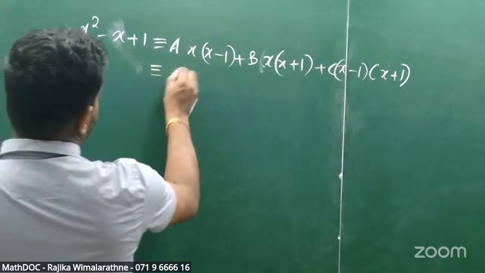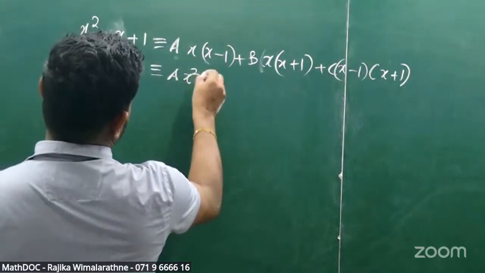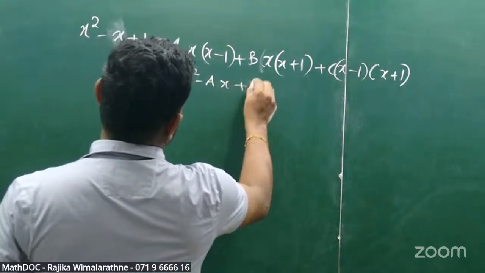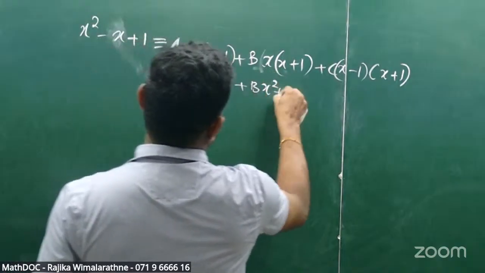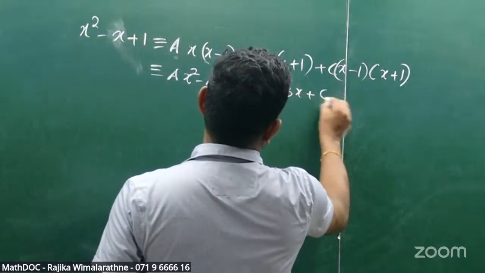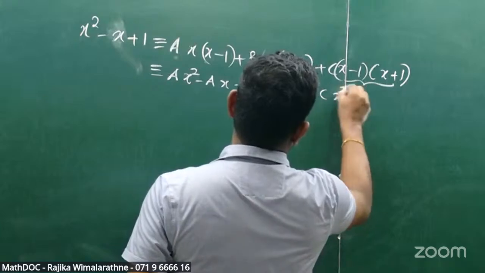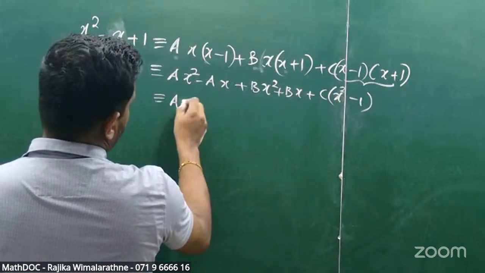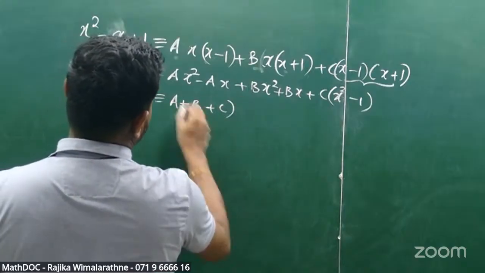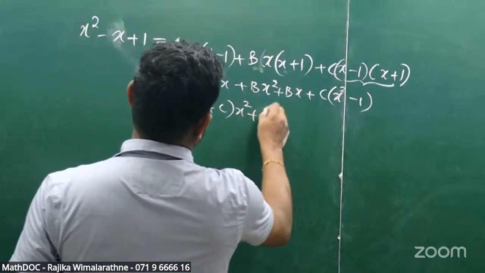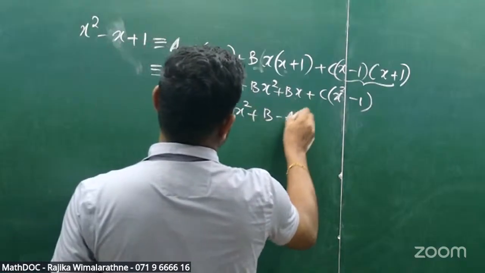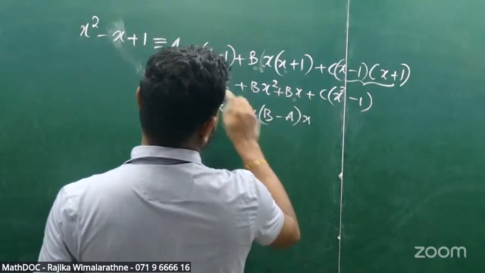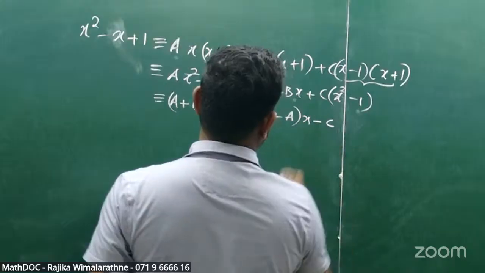Then we get ax squared minus ax, plus bx squared plus bx, plus c times (x squared minus 1). Then take similar terms together: (a plus b plus c) x squared, plus (b minus a) x, minus c.